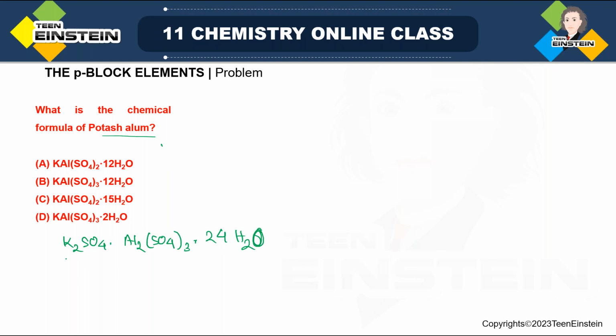If you take 2 common, then it will be KAl(SO4)2, now it will be total 2 sulfate. So in this way you can remember it. And 24 will now be 12 water molecules. So it is matching with the first option, right? If 2 is taken common, we get this formula. So option A is the correct option.